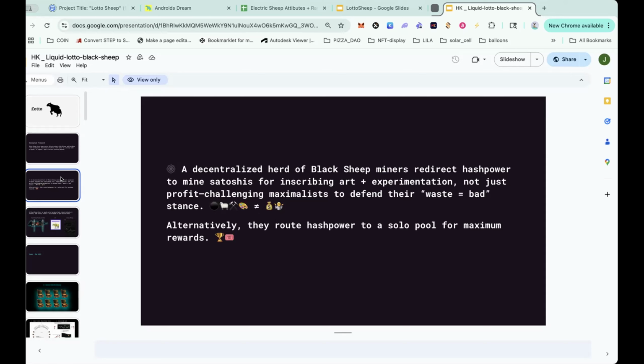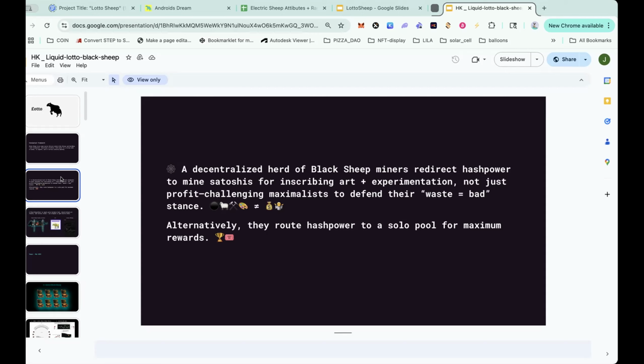Basically, it's a decentralized herd of black sheep miners that redirect hash power to mine Satoshis for inscribing art and experimentation. People create art on Bitcoin, Satoshis being the smallest fraction of a Bitcoin, and you inscribe digital content onto a fraction of a Bitcoin, and that's how it exists in the world.